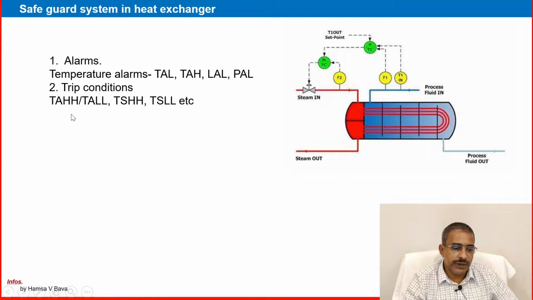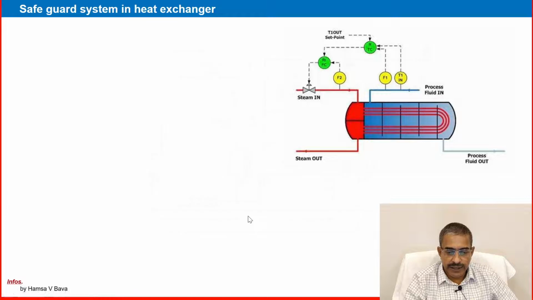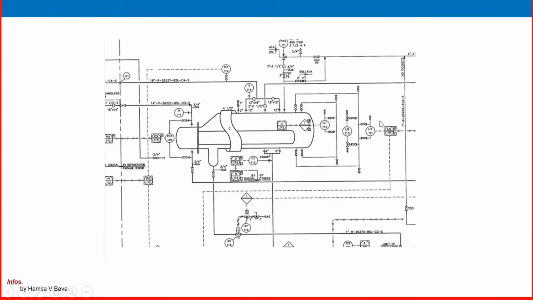You can say temperature high, temperature low, or temperature switch high in the field, or switch low, or pressure switch low, or level switch low, like that. You can see that in this drawing, here. See, it is in the control room. In the controller, in the LIC, level switch low is there, level alarm low is there, and high is there.